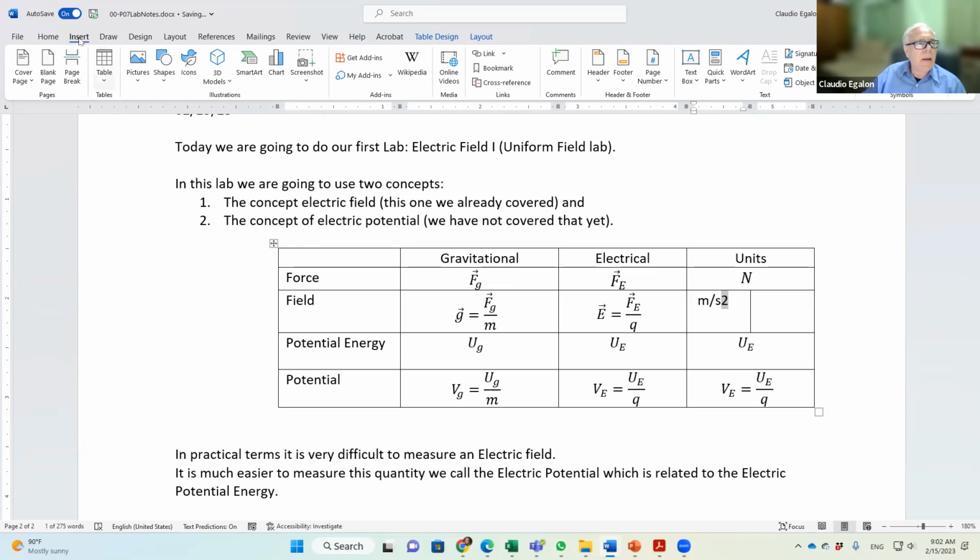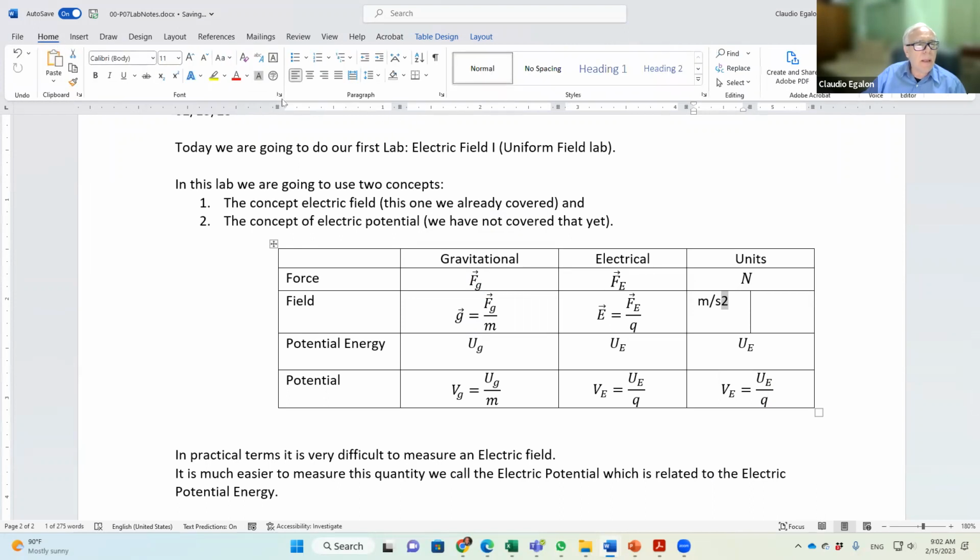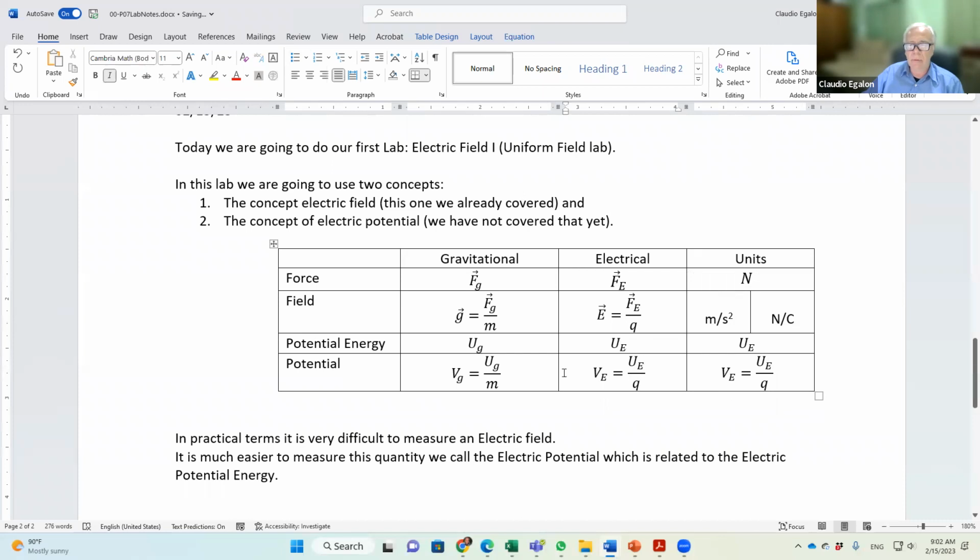And the other is going to be Newton per Coulomb. That's the unit for the electric field. There's not much secret about this unit. All you have to do is dimensional analysis here.